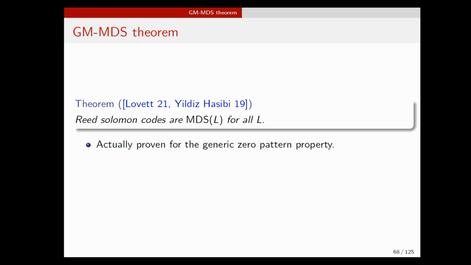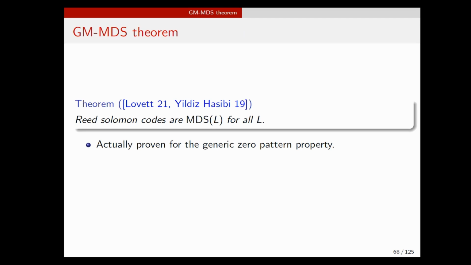As I mentioned before, these papers are older than all the higher order MDSL papers, because this result was proven for the generic zero pattern property and not for the MDSL property. Once Brakensiek, Gopi and Makam showed that this generic zero pattern property is the same as the higher order MDSL property, you get this very nice result that Reed-Solomon codes are MDSL codes.